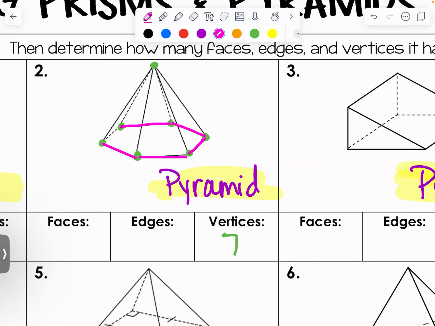Dot to dot is 5. Dot to dot is 6. Okay, so we're connecting the vertices. We're connecting the dots there. So we have 6 just on our base. Now, where else do we need to count? Up to that top. So 7, 8, 9, 10, 11. There are 12 edges.